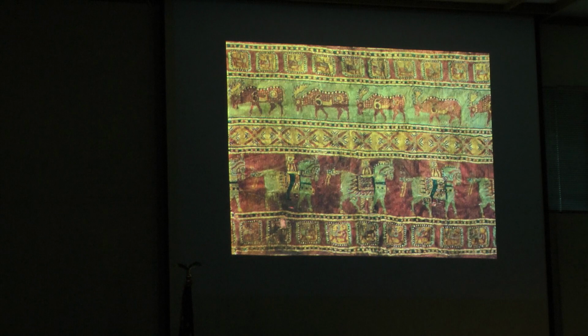If we look at the iconography of the Pazyryk carpet, we can see different rows of designs and patterns. We can see a square with beads and griffins. We can see stags, this kind of stars, a procession of horse riders.